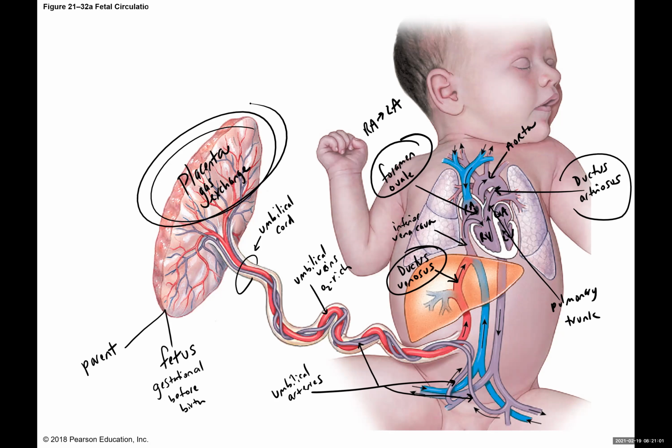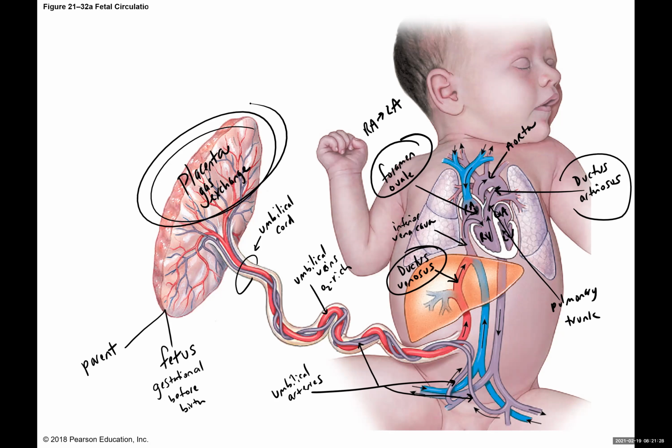We'll also see that as pressure increases in the left atrium, that wants to push blood from the left atrium to the right atrium, which is not possible, because that kind of movement actually closes off the foramen ovale. So the flap closes, and it becomes the fossa ovalis in the adult.